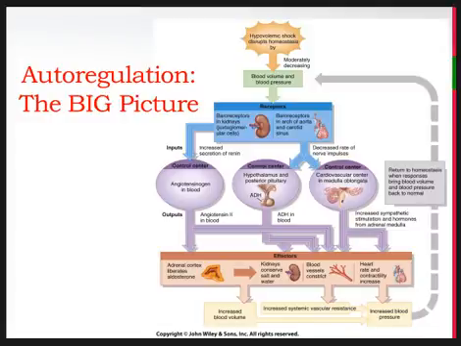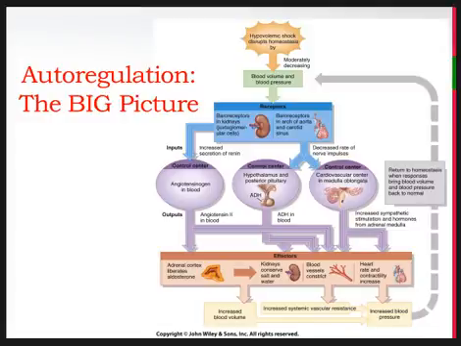So let's start down the left side of this chart. When those baroreceptors in the kidneys don't stretch as far as they normally would, the cells there are going to release a hormone. That biochemical response is renin. So we're going to see an increased secretion of renin.